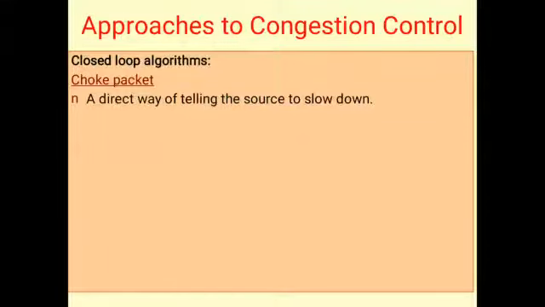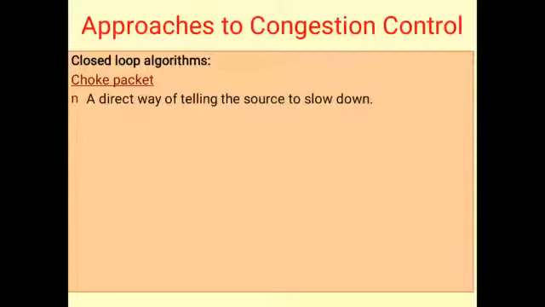Closed loop algorithms. One of the closed loop algorithms is choke packet. Here in choke packet, there is a direct way of telling the source to slow down, because congestion means the source node is a faster one and the receiver node is a slower one. The sender will send the data fast and the receiver is slowly receiving the data.